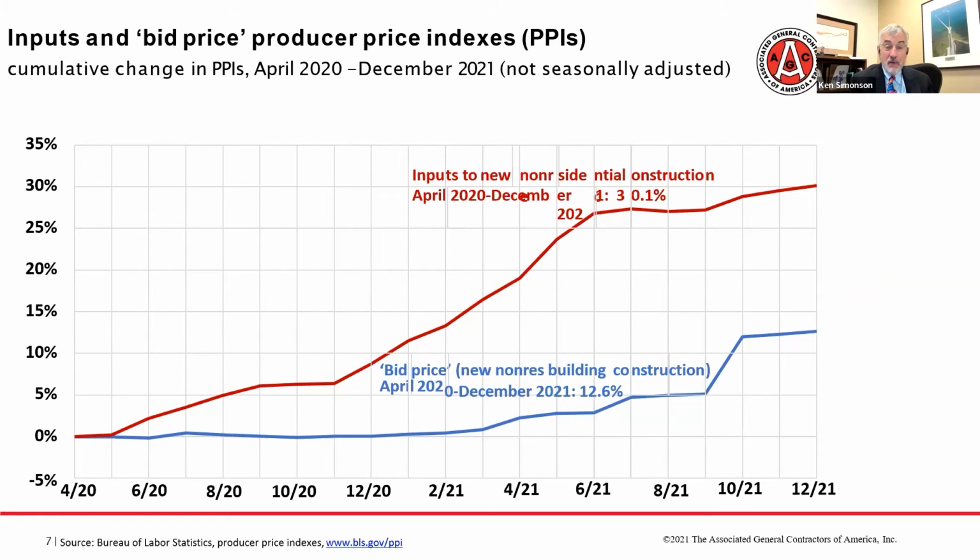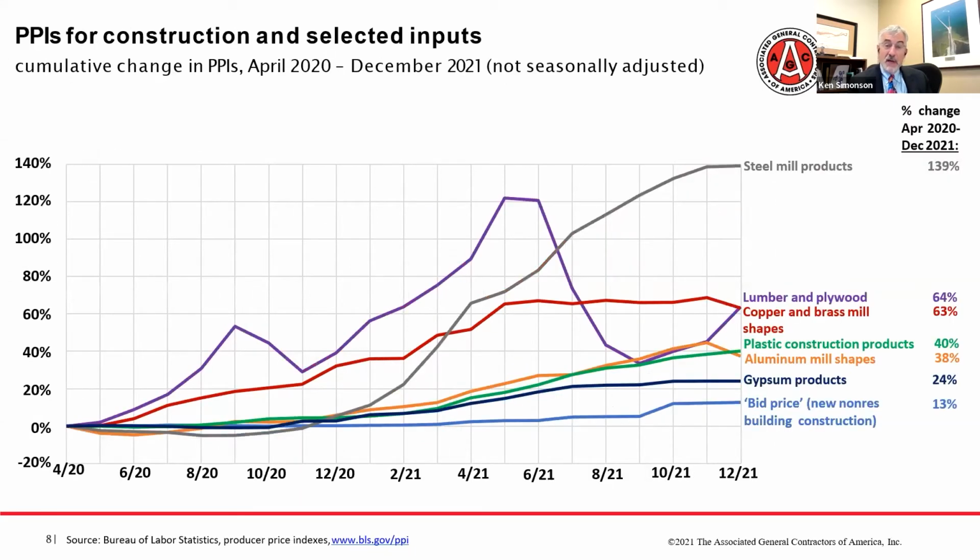And meanwhile, what I call the bid price index, the formal name is the producer price index for new non-residential building construction, climbed by 12.5%, 12.6% from the low point in April 2020 up through December 2021. Well, those differences represent the pain that contractors are feeling from not being able to pass through all of the costs they're experiencing.